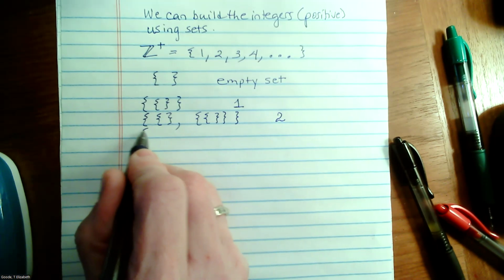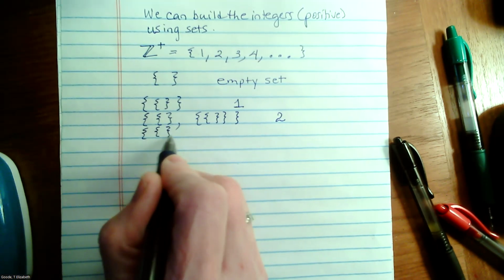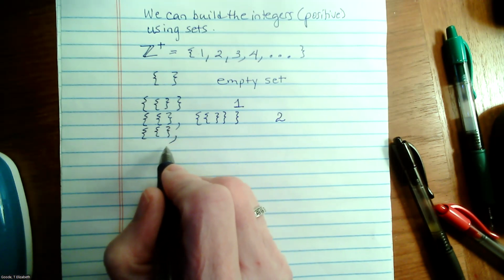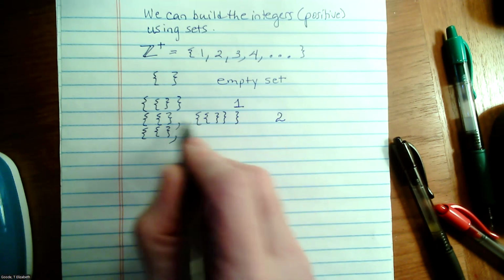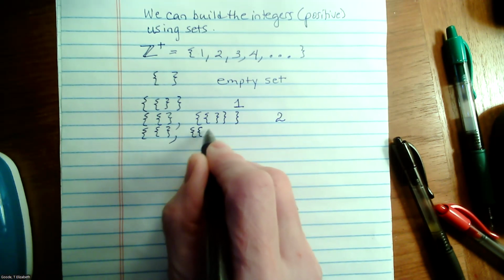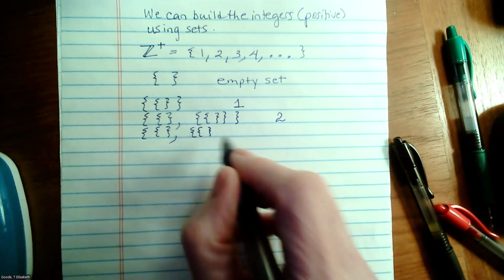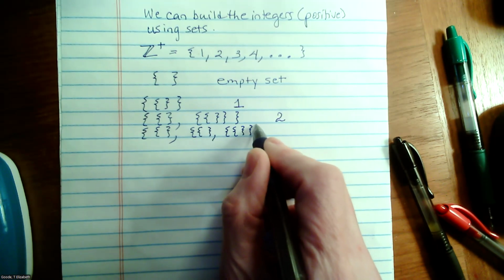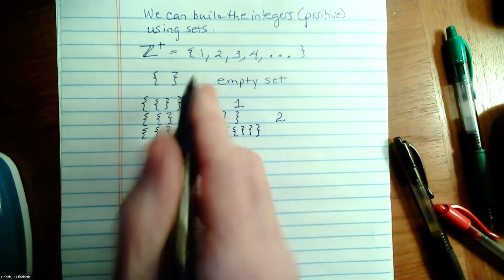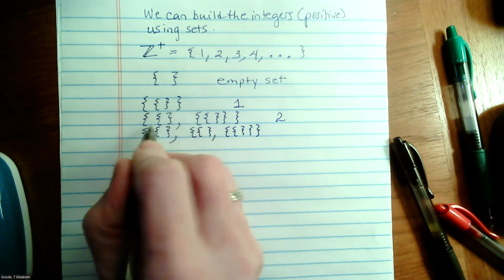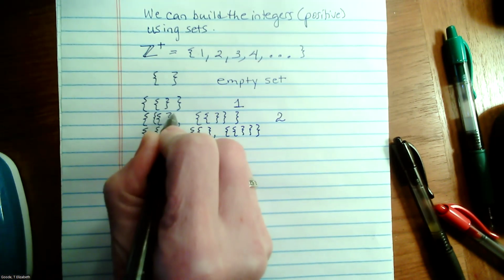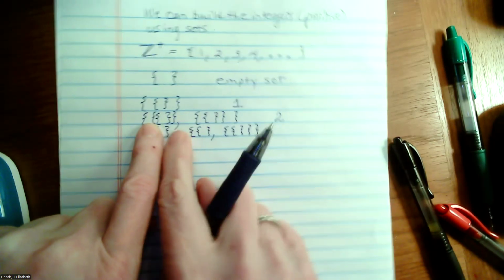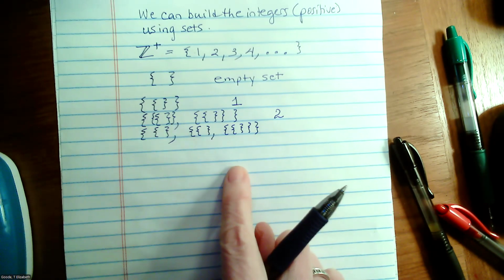Then we can build three by, oh, sorry. I was supposed to have, yeah, hang on. I think I got one extra.